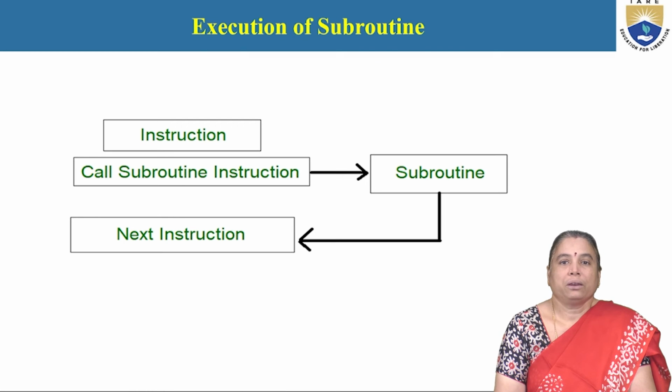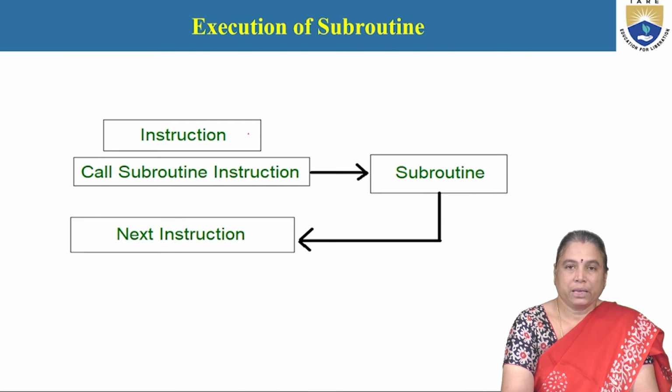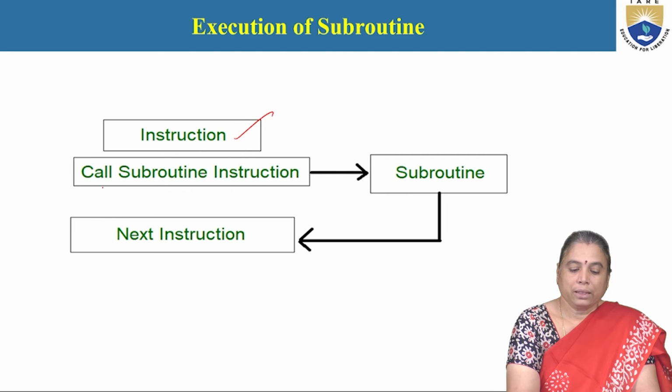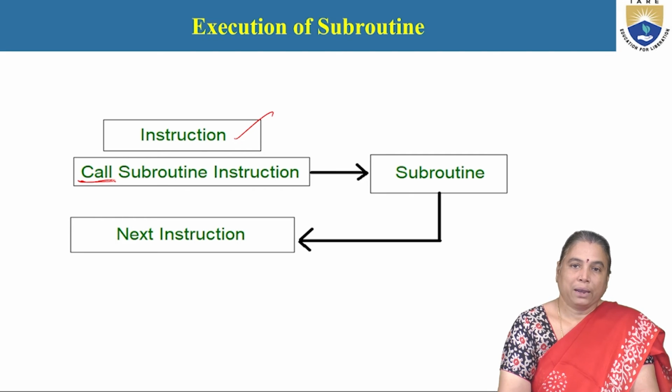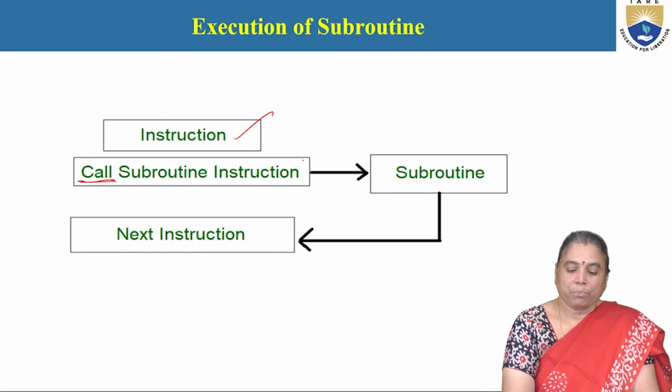How can the subroutine be executed? The instructions can be executed one after another in a sequence. When a CALL mnemonic is observed in the program, it makes a call to the subroutine. Whatever procedure name is specified in the call instruction, the program control can be altered to that subroutine.